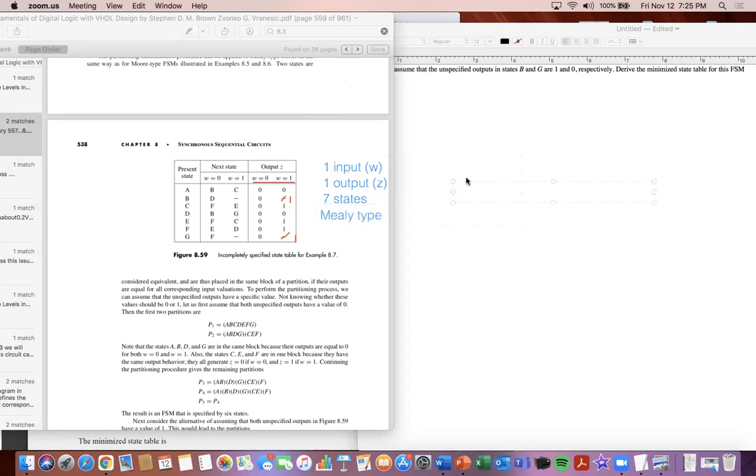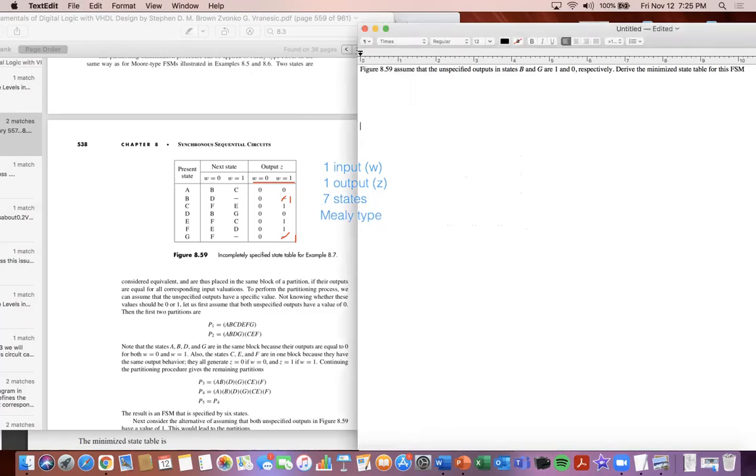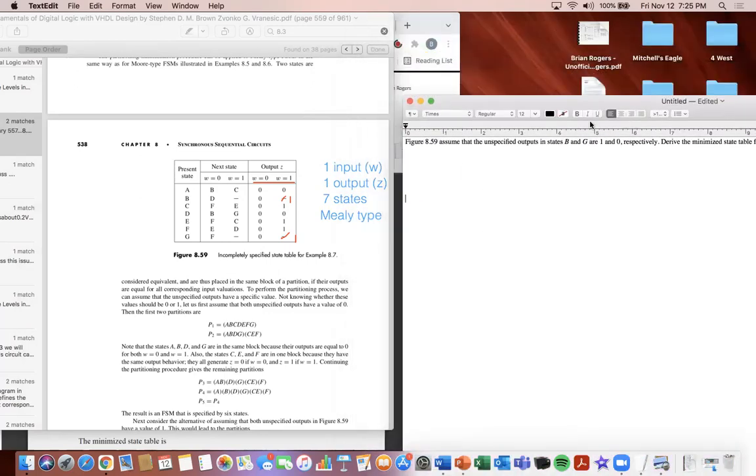So our partition to start out here. P1 is going to be all the states together in one block: A, B, C, D, E, F, G. And what we do is, with all states in one block, you're going to group them based on their output.